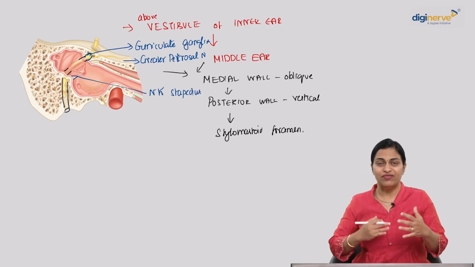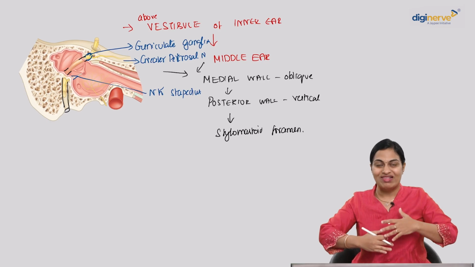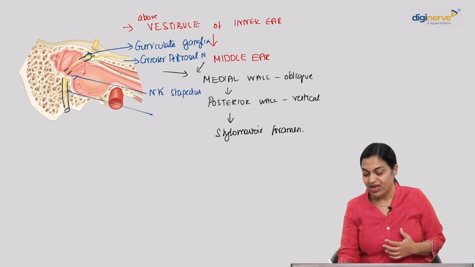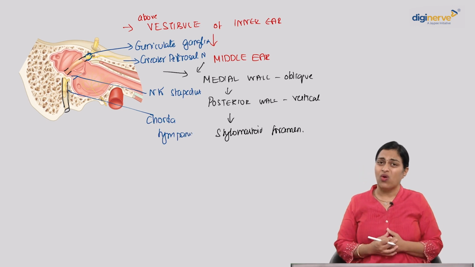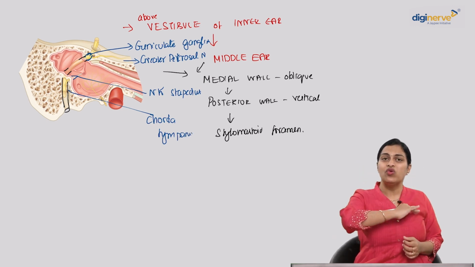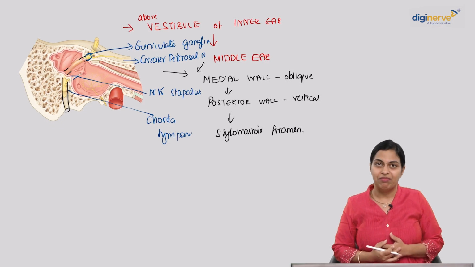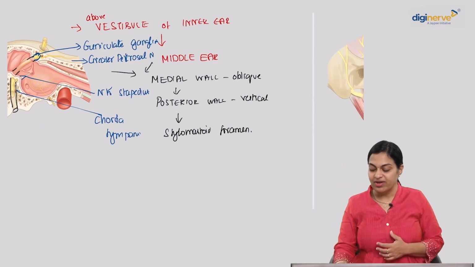And just a few millimeters before its exit from the stylomastoid foramen, it will give this special branch, chorda tympani. Why do you think it's called chorda tympani? It's going to course along the tympanic membrane. That's why it's called chorda tympani.